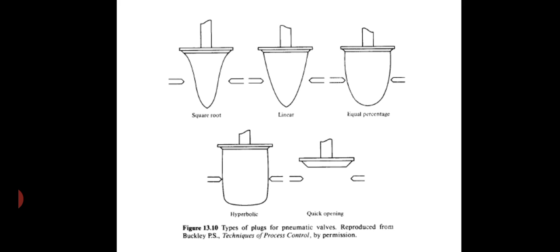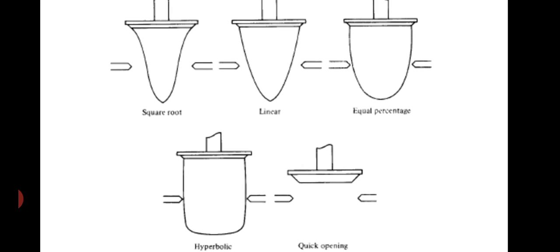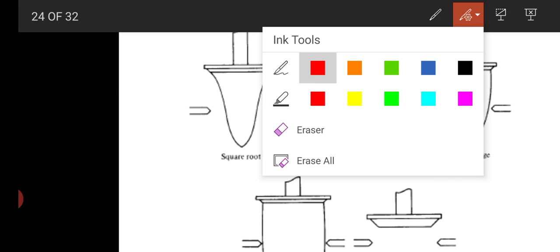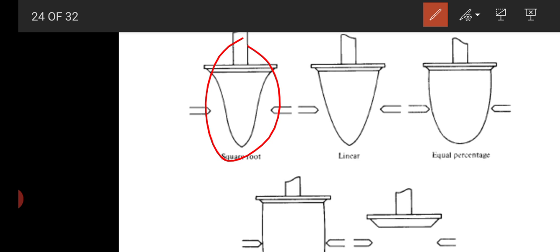Now you can see from this picture, this is the shape of the plug. Again this picture is taken from Stephanopoulos. This figure represents the different types of plug sizes. The first figure is the square root. How it is defined in terms of a square root, we will see later. This is the linear.